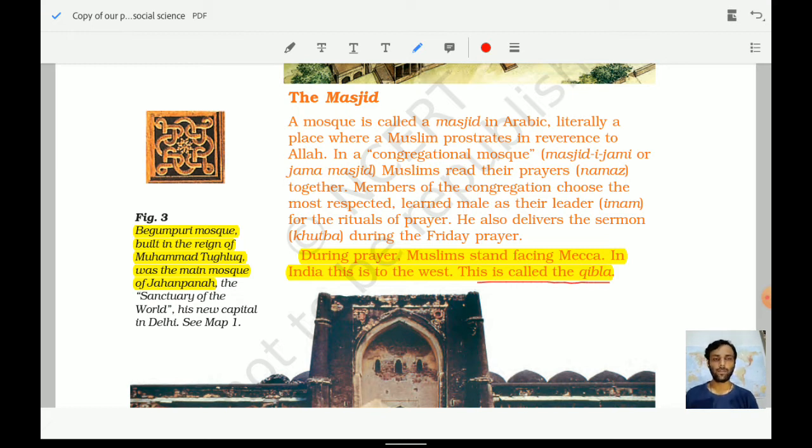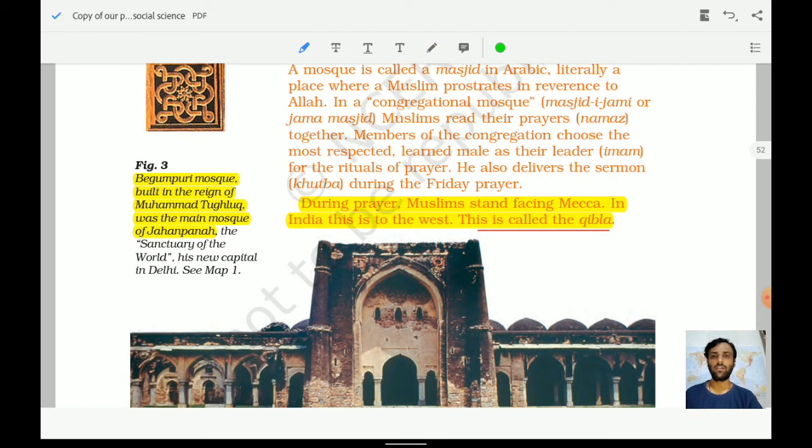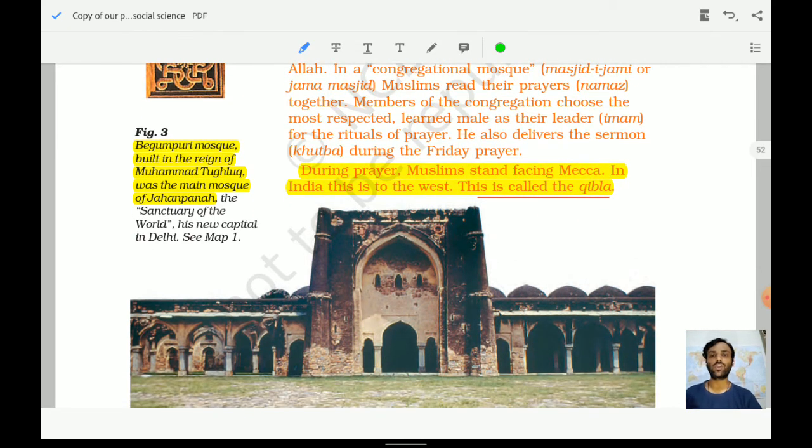Whenever you see the term Qibla. Begumpuri Mosque, built in the reign of Muhammad Tughlaq, was the main mosque of Jahanpana. Remember this particular fact, okay? That Begumpuri Mosque was built in the reign of Muhammad Tughlaq. Right? It was the main mosque of Jahanpana.